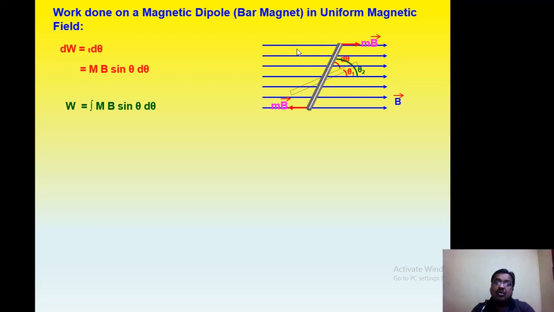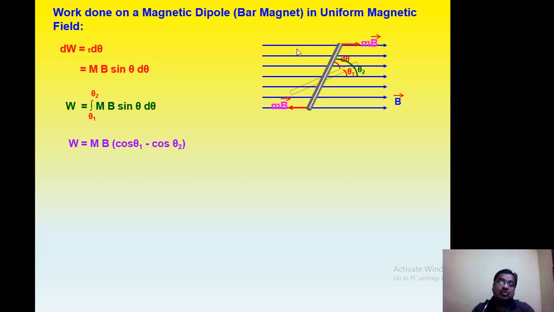So what will be the total work done if it is rotated from angle theta 1 to theta 2? You have to integrate. So total work done W will be the integration of mb sin theta d theta from theta 1 to theta 2. After integration, its value will be mb times minus cos theta, lower limit theta 1, upper limit theta 2.